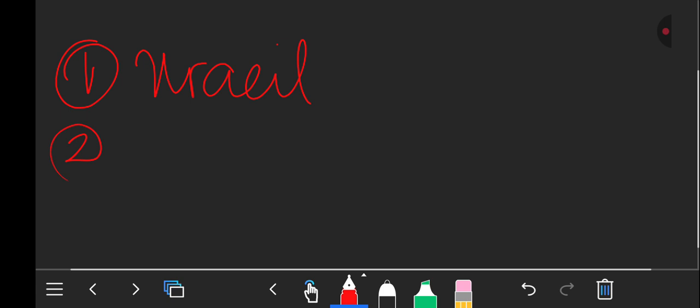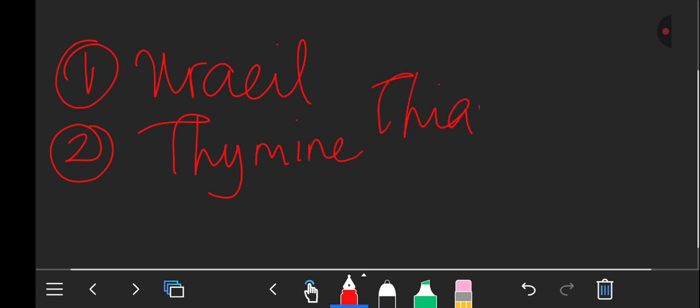Now let's look at examples. For pyrimidines, there are 3 examples. One is uracil. Two is thymine. Thymine, not to be confused with thiamine, which is a vitamin.